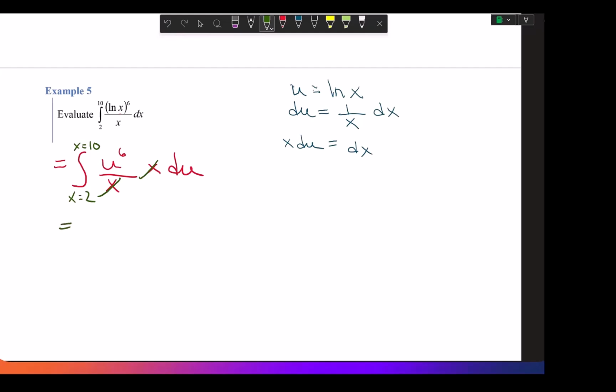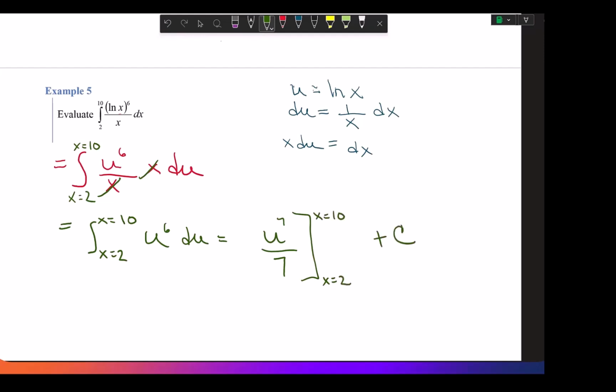This is equal to, well, the integral from x equals 2 to x equals 10 of u to the 6th du, which is equal to u to the 7th over 7, evaluated between x equals 2 and x equals 10, plus some constant.